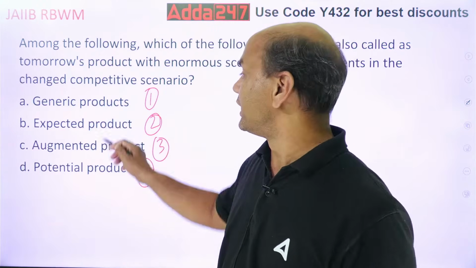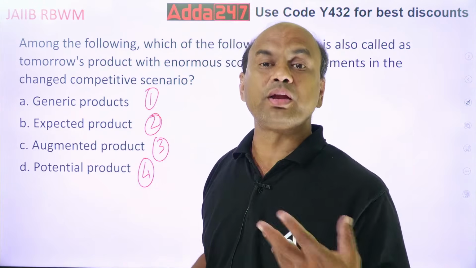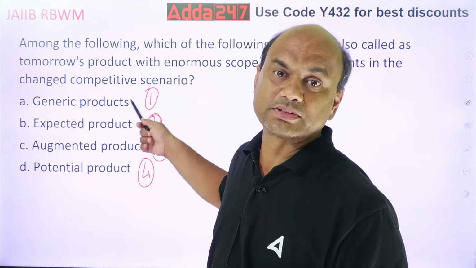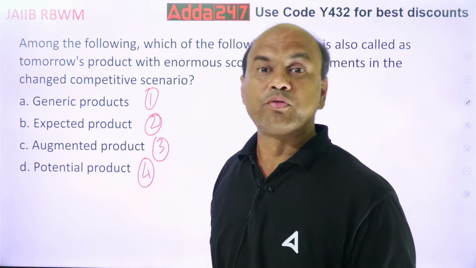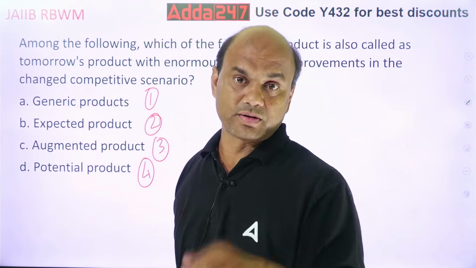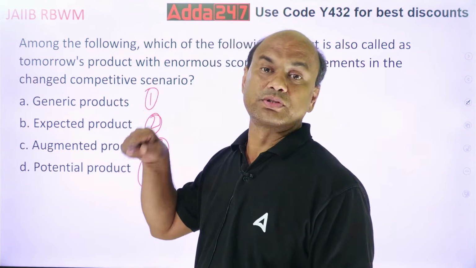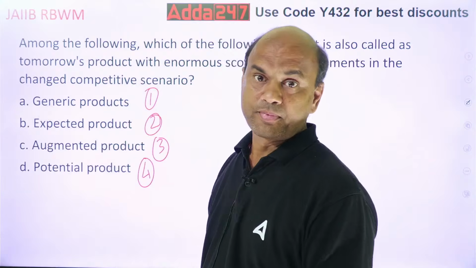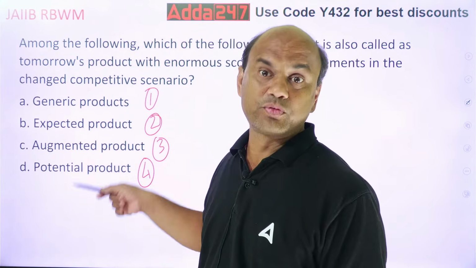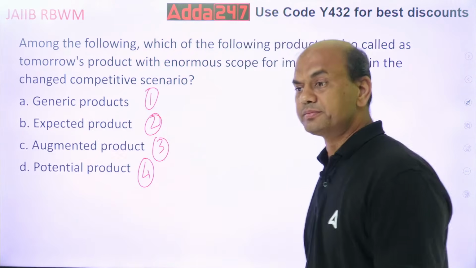Why? Expected. Augmented means something free, like one ball pen free if you purchase this oil. If you open a savings account with me, I will give you health insurance free for 1 year. And potential means future-dated, a future product. I will give you CBDC, I will give you AI if you open a bank account with me. Potential, future. Got it?